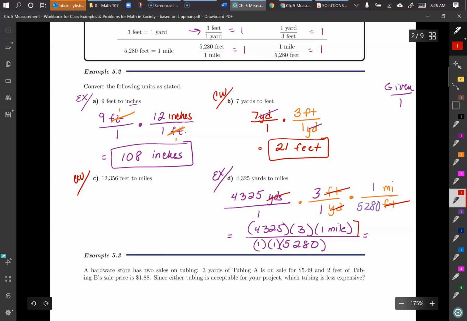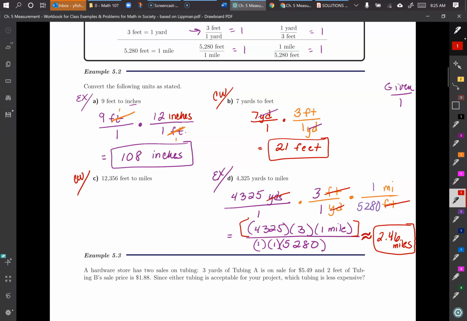If you do it all in one sitting, make sure you use parentheses there, and you should get about, we're going to round, so we're going to use this approximation symbol, about 2.46 miles. So that's how many miles from the 4,325 yards.